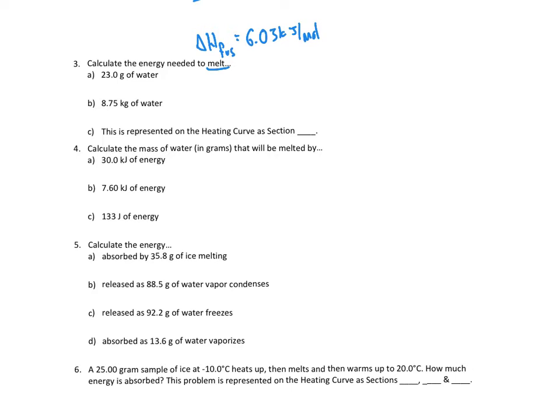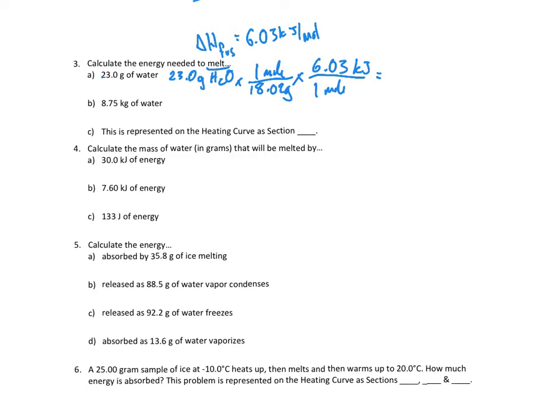So 23.0 grams water. Again, the only thing I can do with grams of water is turn it to moles using my molar mass of water. And if it wants to know about melting that, well, 1 mole of water requires 6.03 kilojoules of energy to turn it from a solid to a liquid.